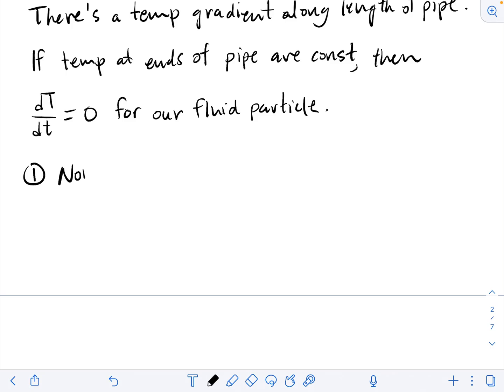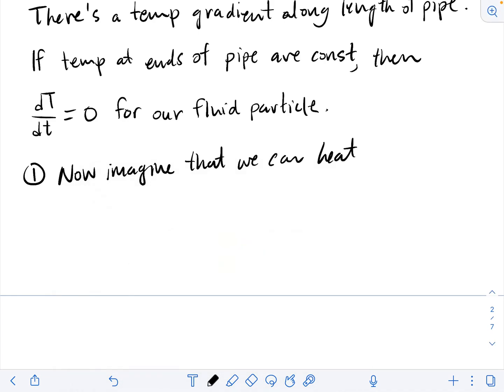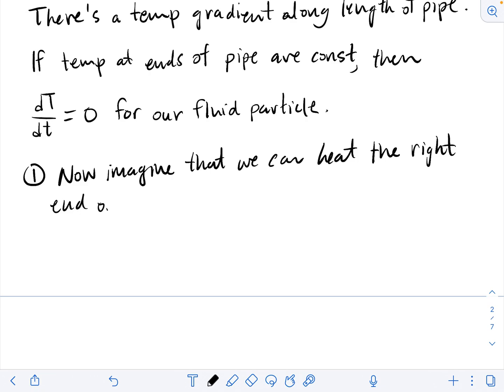Okay, so now what we do is we imagine that we can heat one end of the pipe. It doesn't matter, let's say the right end of the pipe.